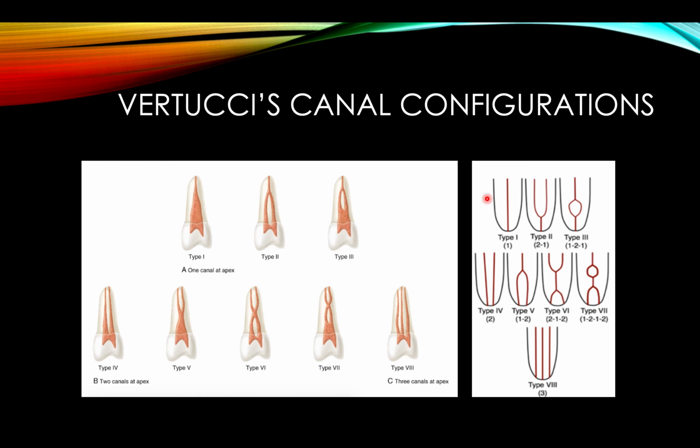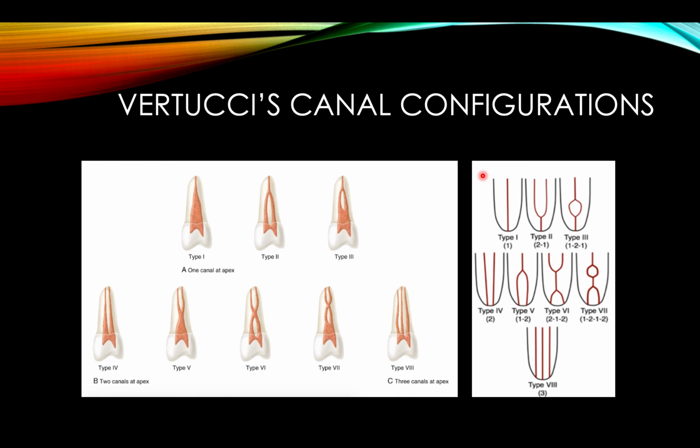So we usually refer to type 1 as 1, type 2 as 2-1, and then type 3, we have one orifice, two canals, one apical foramen, so 1-2-1. And then type 4, we have two orifices, two canals, and two apical foramina.